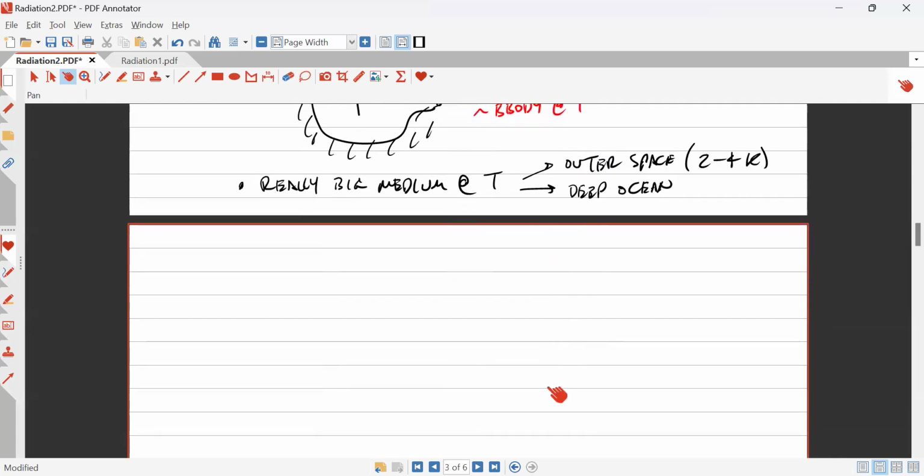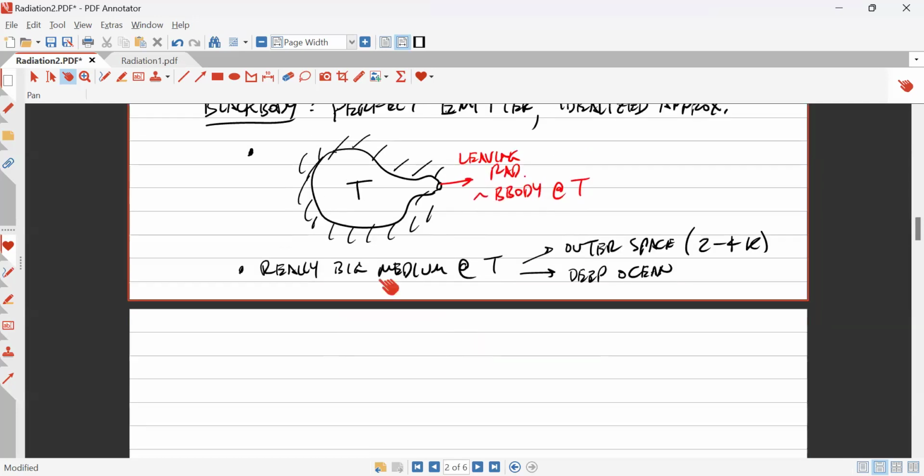All right. So what are the properties of the black body? Well, one is that it has to be diffuse. All right, we already talked about that.